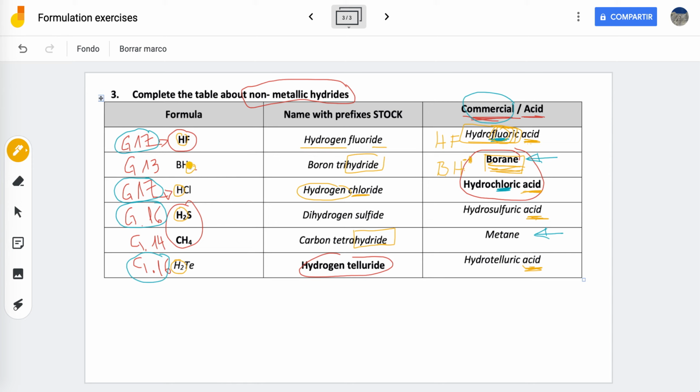So boron when it meets hydrogen is always +3, and hydrogen -1, always. That's why we write a 1 here that we don't write, and then we write here a 3. So we have the formula.